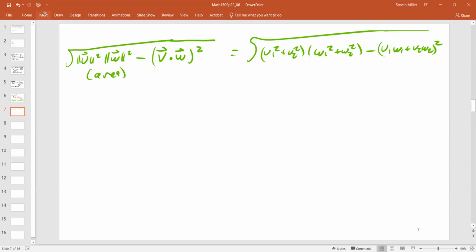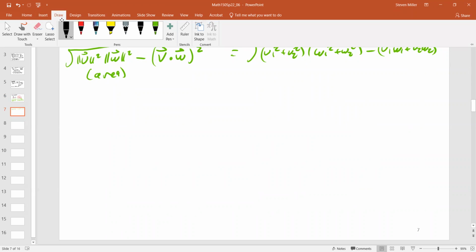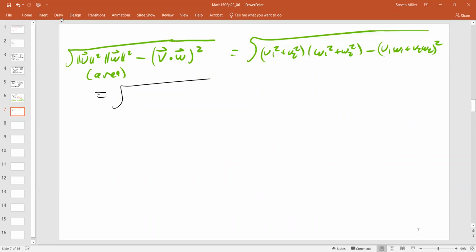All right, so now we just want to keep working with this expression. So this is going to be the square root. Okay, so what do we have? Well, we have V1 W1 plus V2 W2 squared. We're going to get a V1 squared W1 squared. That's going to cancel with the V1 squared W1 squared. We're going to get a V2 squared W2 squared. That's going to cancel with the V2 squared W2 squared.